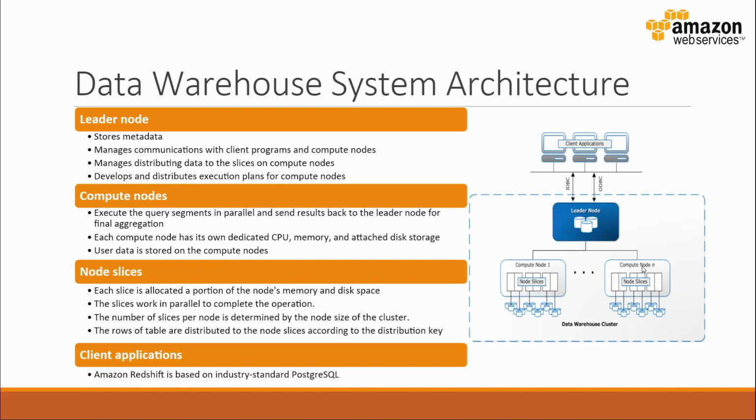Here the leader node stores metadata, meaning it actually stores the data dictionary. Data dictionary means all the tables, views, information of all the objects. It knows what tables are available in this Redshift, what the stored procedures are, and what the users are. If a user logs in, it should know whether to allow this user or not.